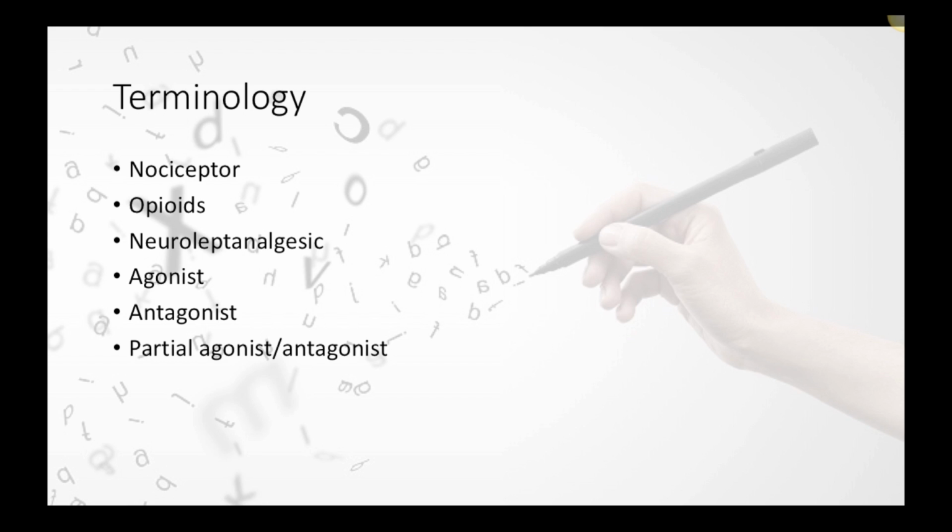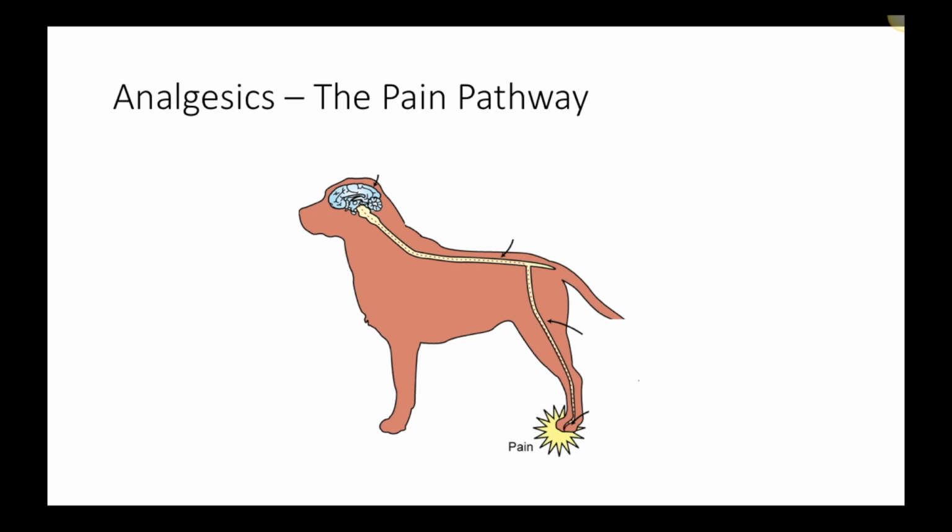An antagonist has good affinity for the receptor, but little or no intrinsic effect on that cell. And then we have partial agonists/antagonists. Essentially, they have good affinity for the receptor, but partial intrinsic effect on the cell. And don't worry, we'll talk about all of those in much more detail as we carry on.